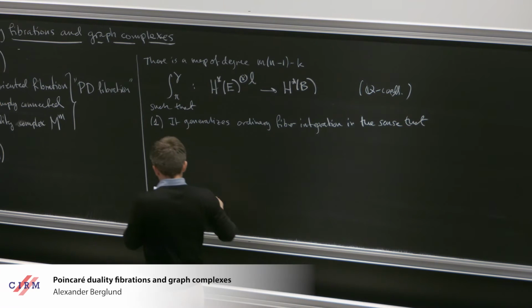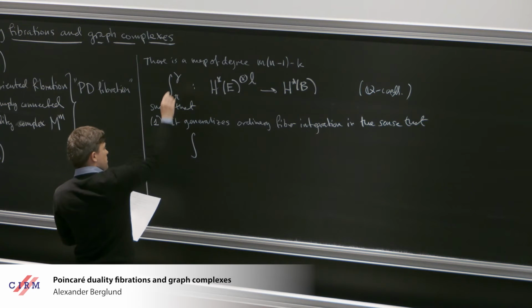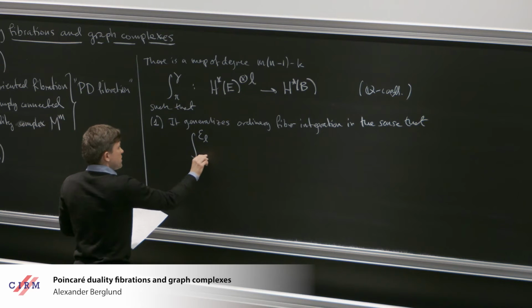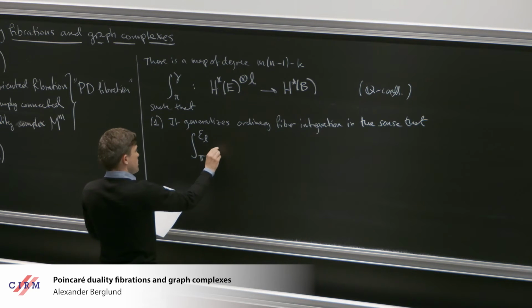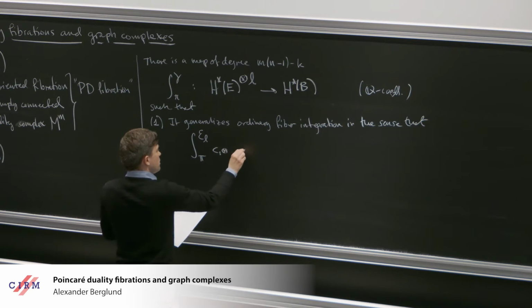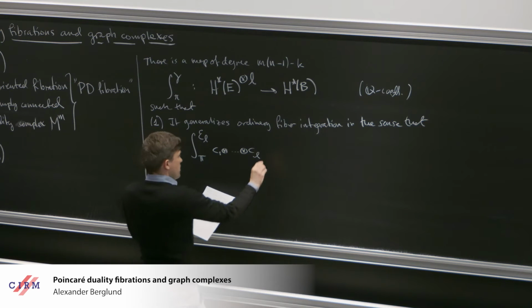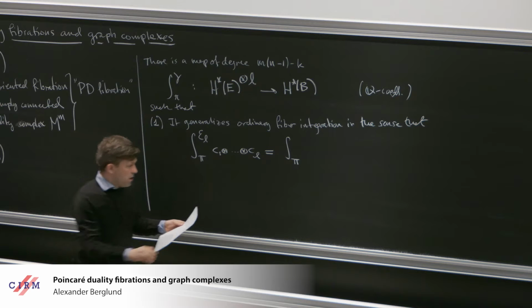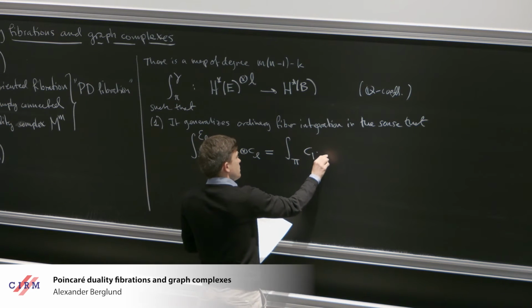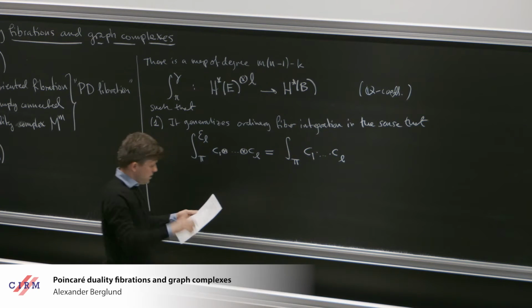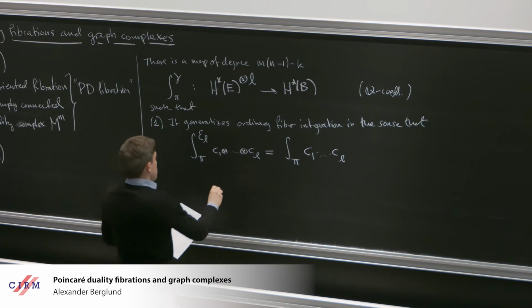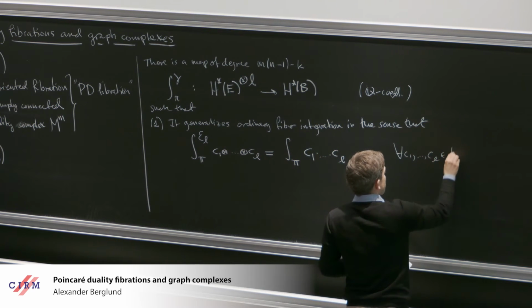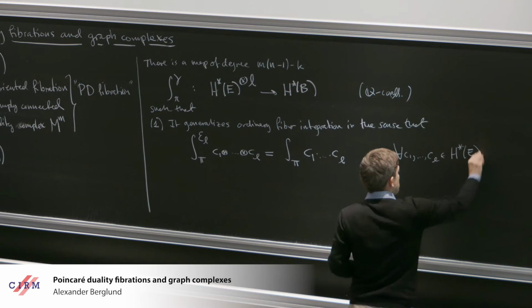It's ordinary in the sense that if I take a specific class that I'll call epsilon_L, and I apply this map to a sequence of L cohomology classes in E, this is just the same as taking ordinary integration along the fiber of the product of these classes, taking the cup product in the cohomology of E. So this is for all c_1 to c_L in the cohomology of E.